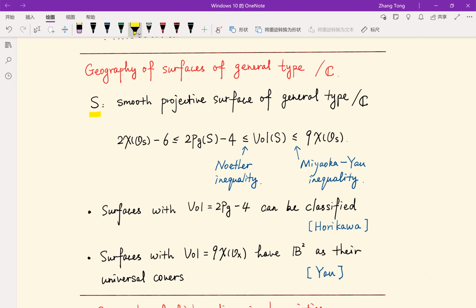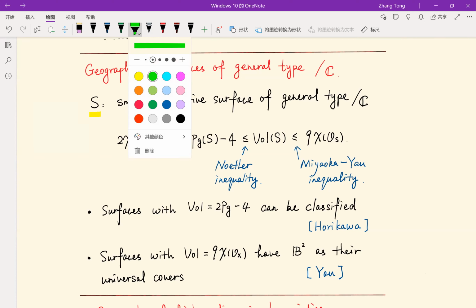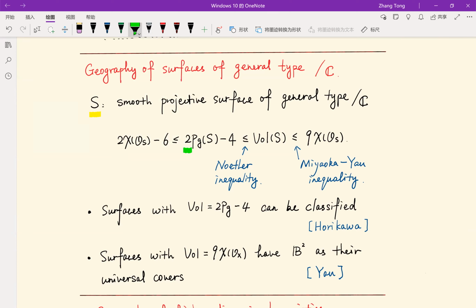So here I give two fundamental ones, and those two are very classical, and you can find them in research monographs on algebraic surfaces. The first one is the Noether inequality.